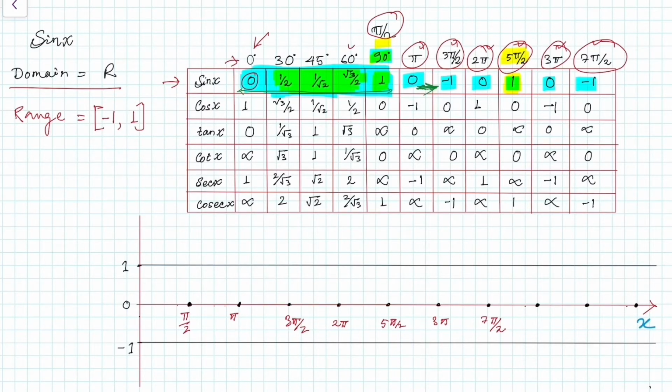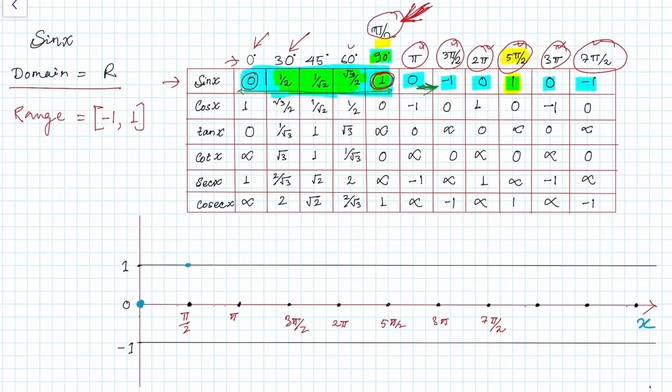At 0, the value of sine x is 0. So this is the point here. Let me draw the graph below. This is the point where sine x is 0. Then at pi by 2, that means at 90 degrees, its value is 1.